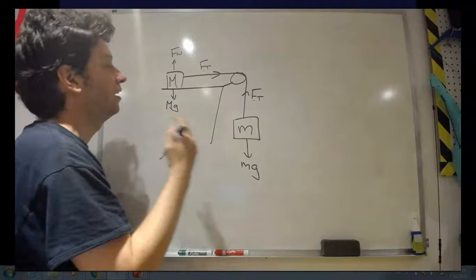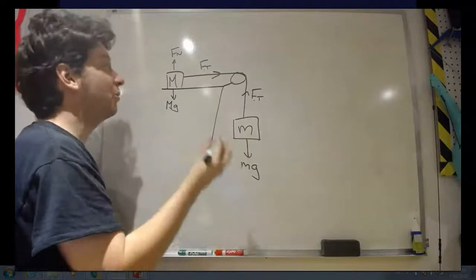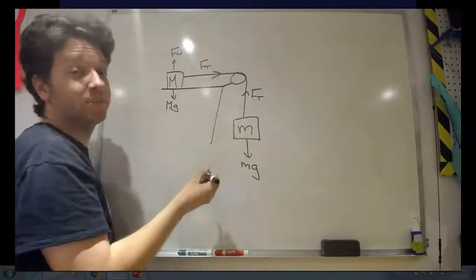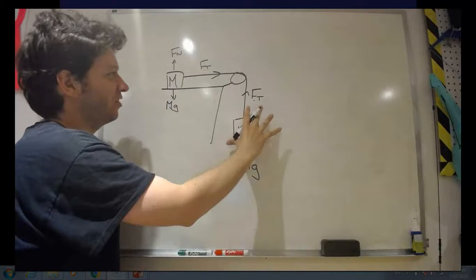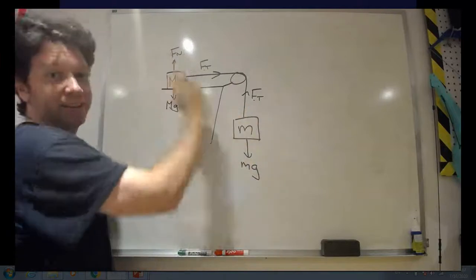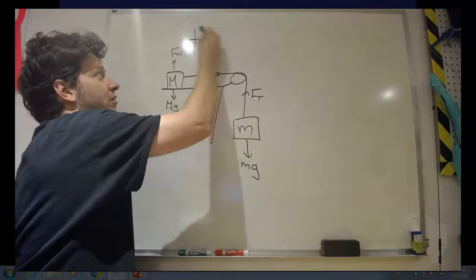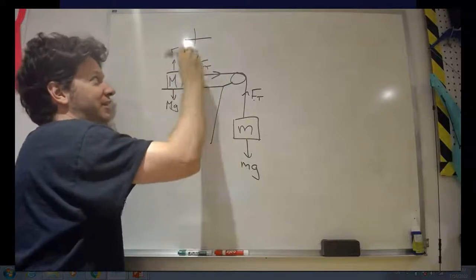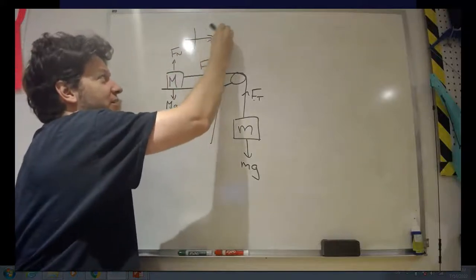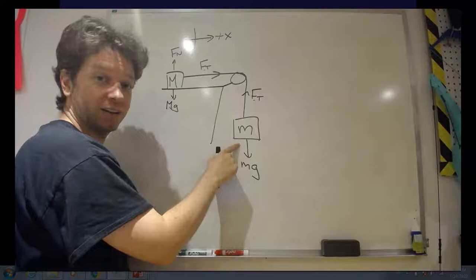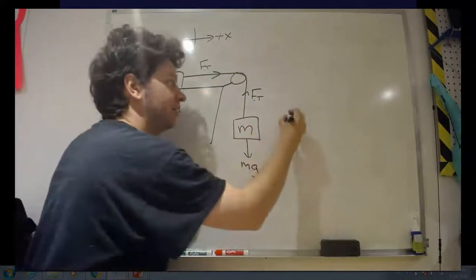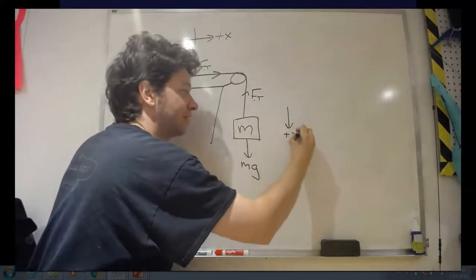Okay? So, what we can actually do is draw a free body diagram. Now, we technically already drew it, so let's just assume that's one and that's the other. But we need a coordinate system. So for this one, acceleration is in this direction, so let's use this as positive x. But in this one, acceleration is this direction. So let's choose downwards as positive x.